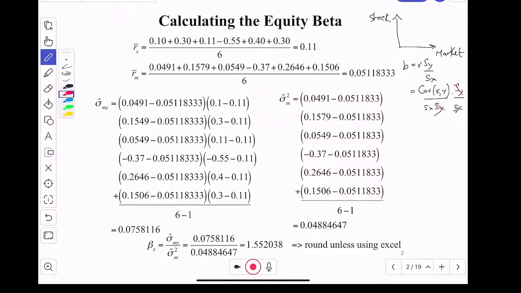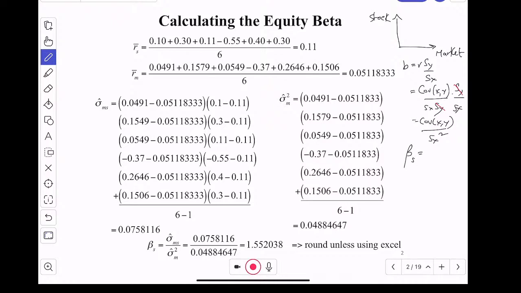And it leaves this form of beta. It's the covariance per unit of variance of the market returns. So these two formulas are for B, for sample data, but they put it in symbols for finance purposes, and they write this.